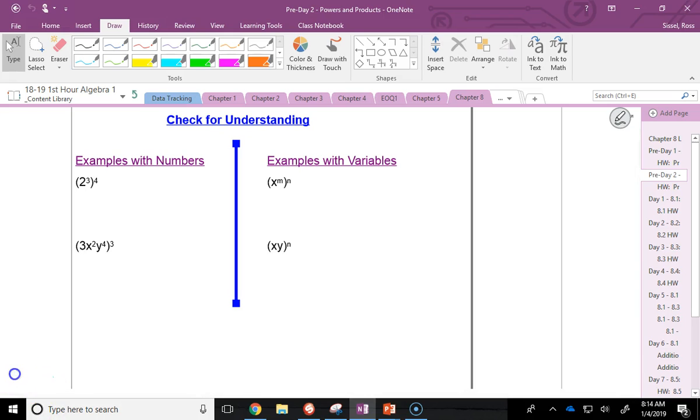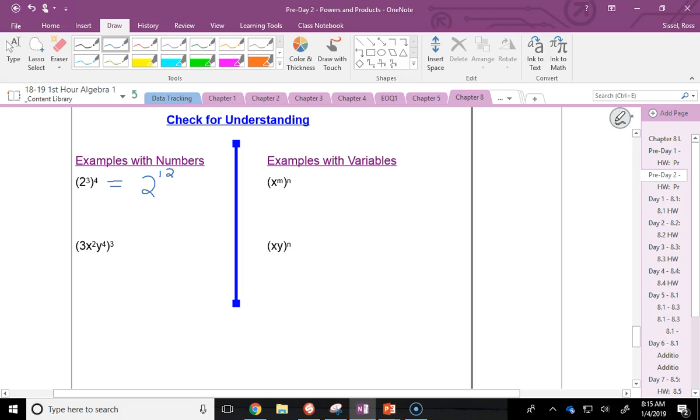Okay, we'll pause it. Alright, let's go ahead and check this. We only have a few minutes left. Examples with numbers. What did you get for 2 to the 3rd to the 4th power? 12. Now this one, being careful, this is the power of the product.